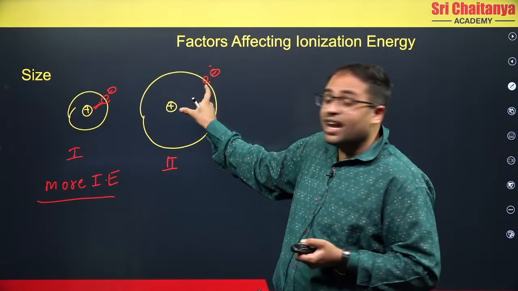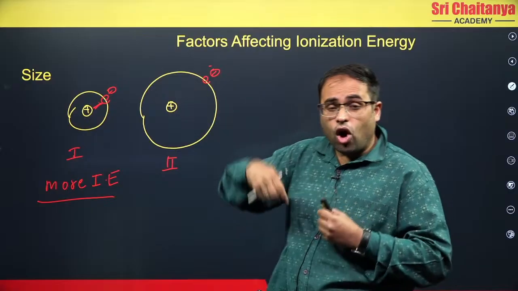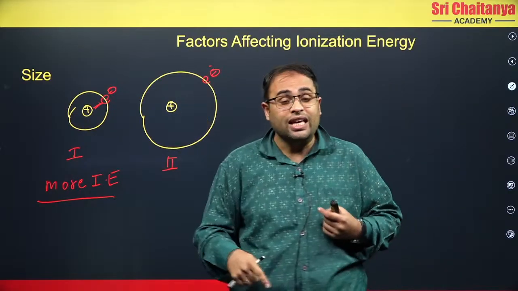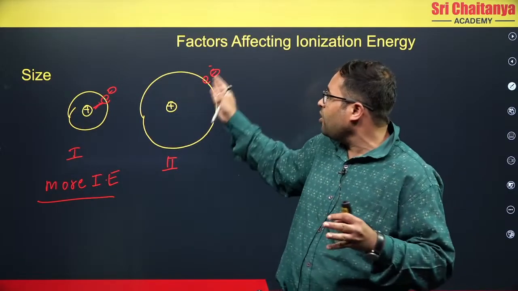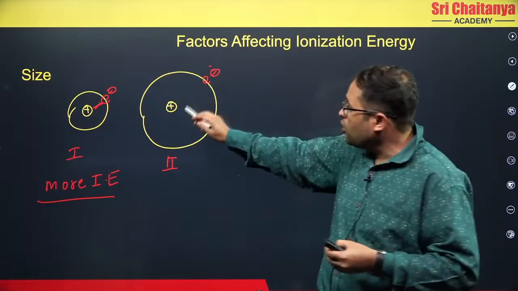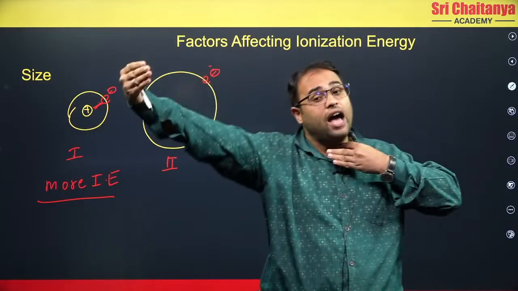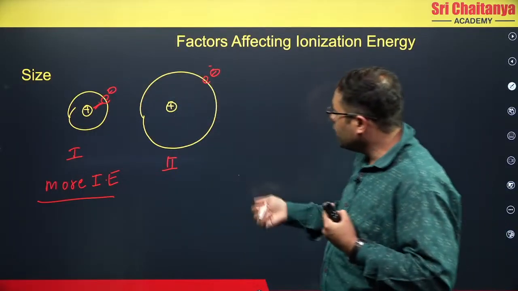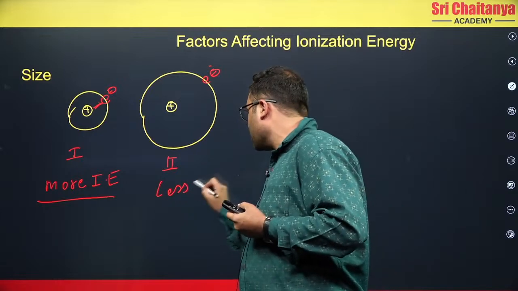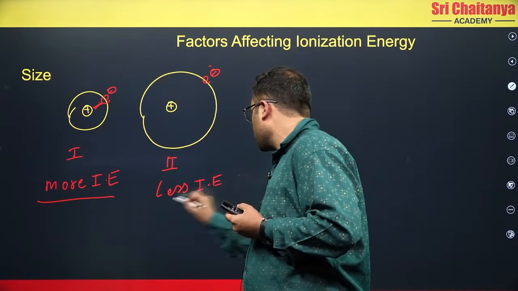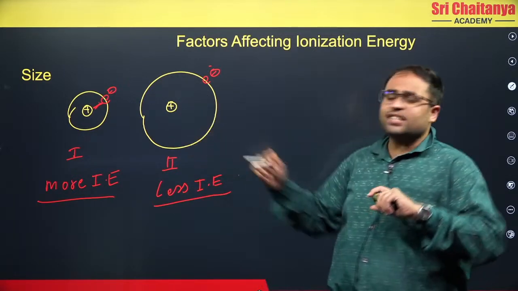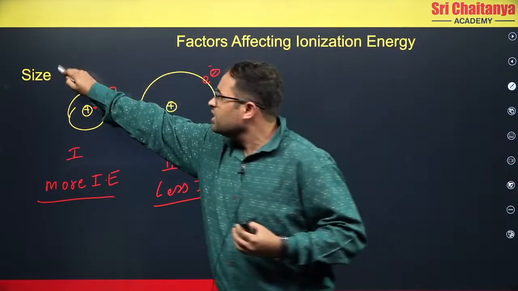Here, because now it is a larger distance, because you are far away from your enemy, the effect of your enemy on you is less. So this is your enemy, this is you, distance is far, effect is less. So here you will have less ionization energy. So this distance is essentially what? This distance is size.